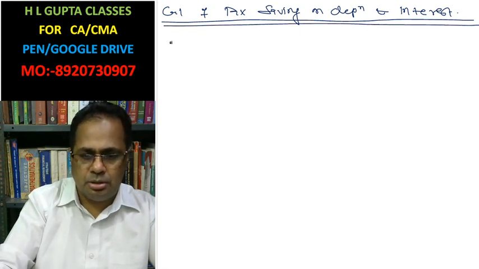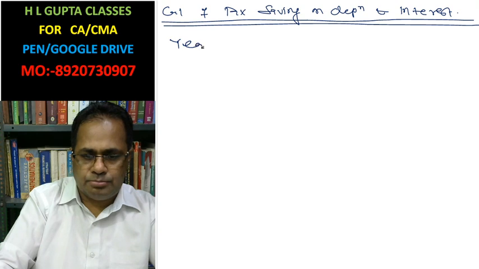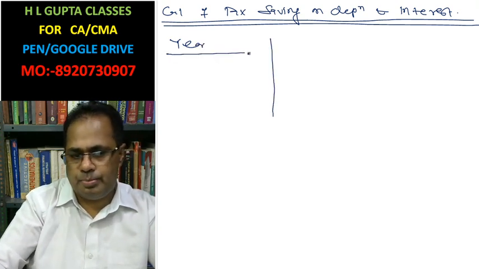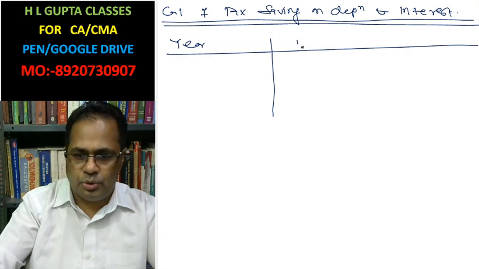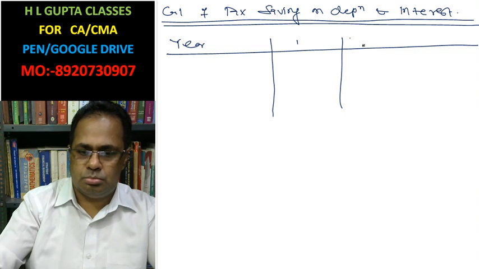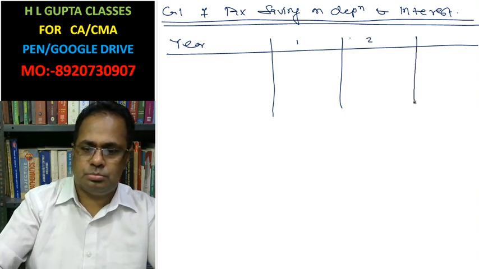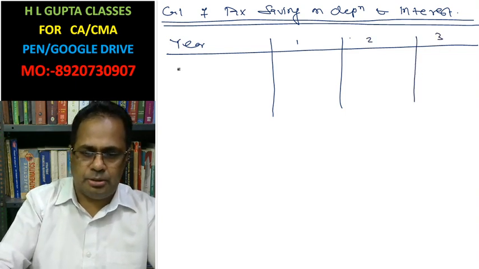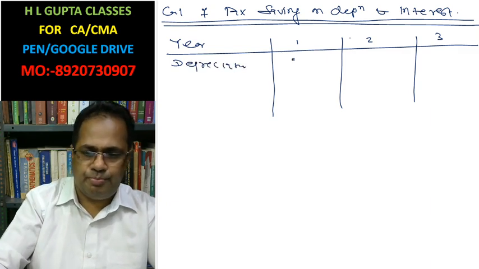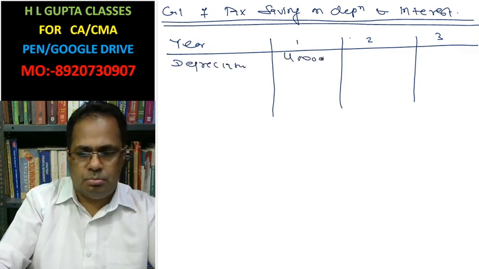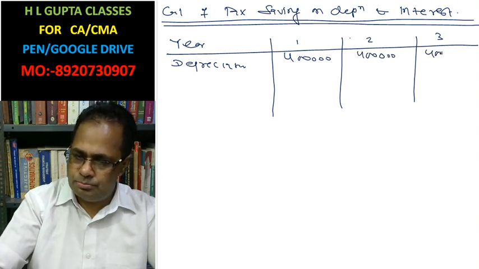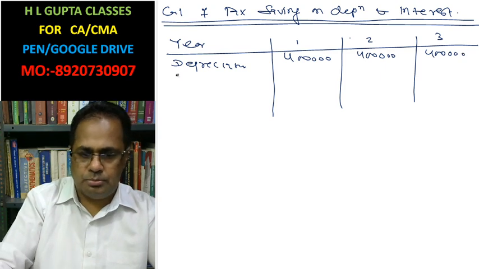Please look at it. You write year: one, 2, and 3. Depreciation you write here: 4 lakh, 4 lakh, 4 lakh.